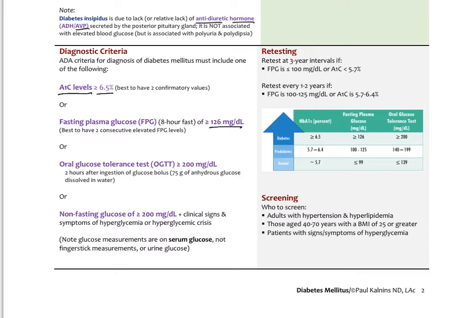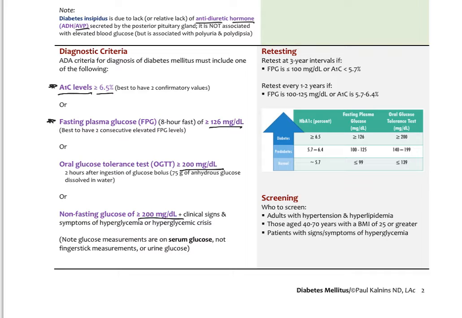If it's equal to or over 200 milligrams per deciliter, that also meets the criteria for diabetes. The last would be a non-fasting glucose of over 200, plus the clinical signs and symptoms of hyperglycemia or a hyperglycemic crisis, which we'll be talking about later. So those are the different ways we can test for diabetes. The most common would be the first 2, the A1C and the fasting plasma glucose.